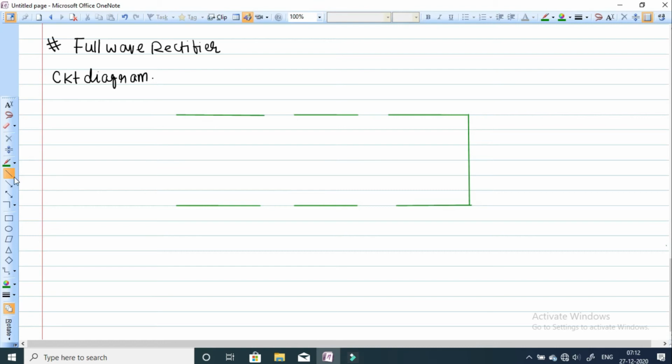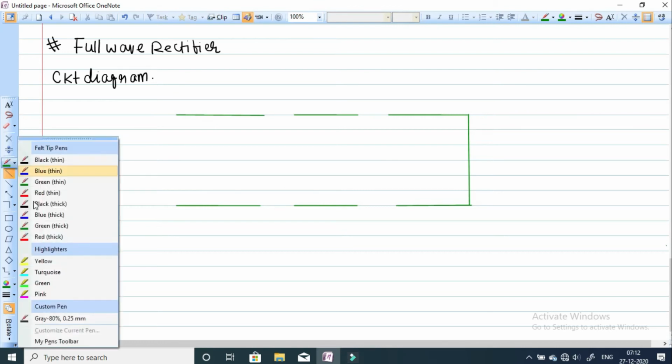Now we have two diodes. Let me draw the diodes. This is your diode D1, you can see it there.